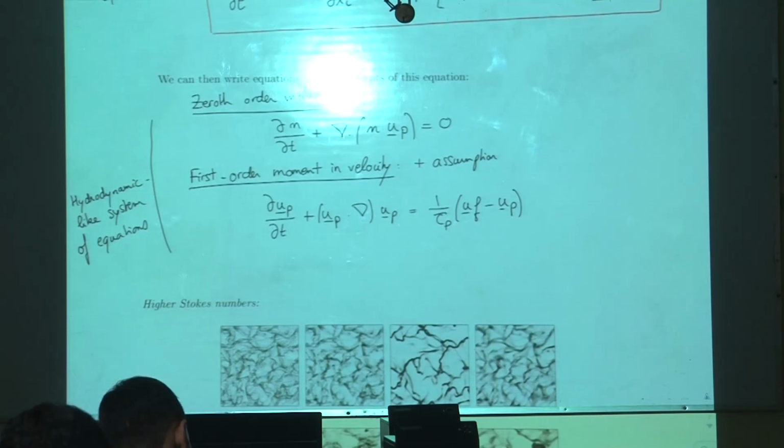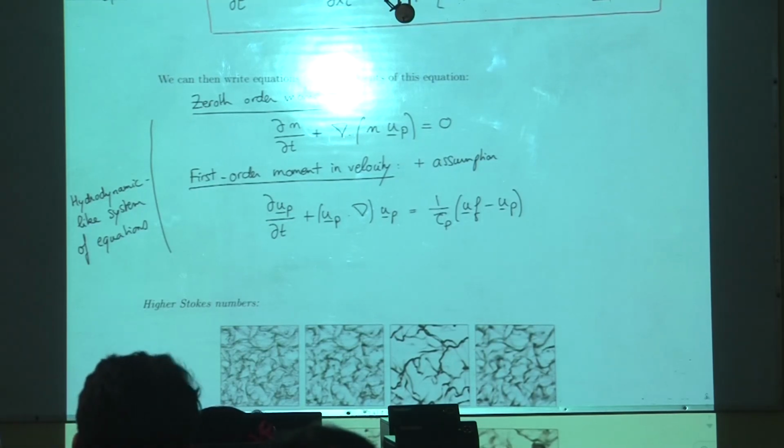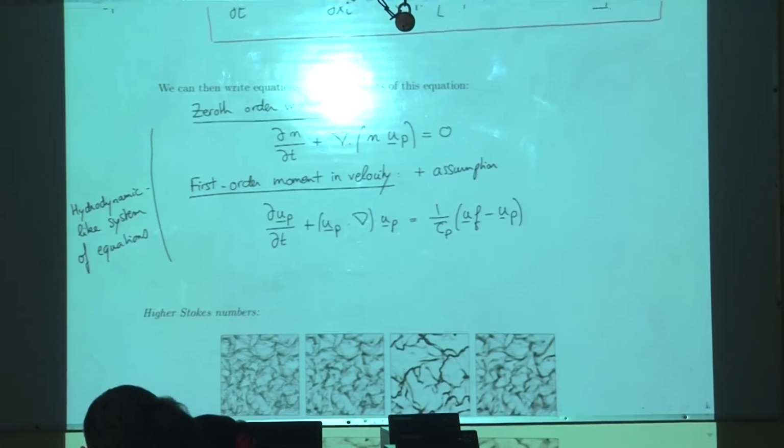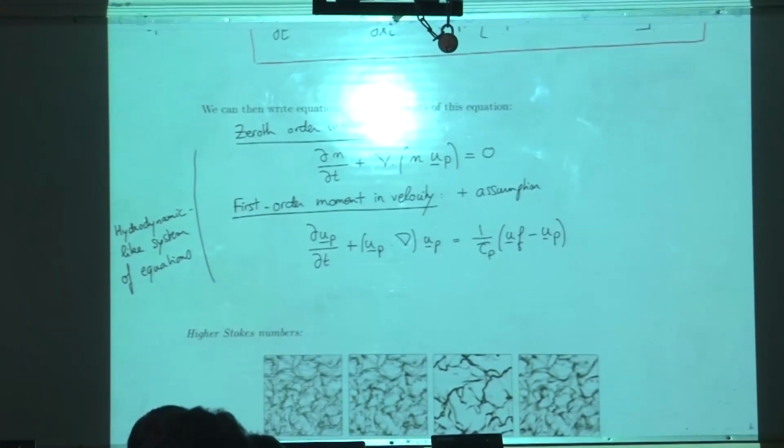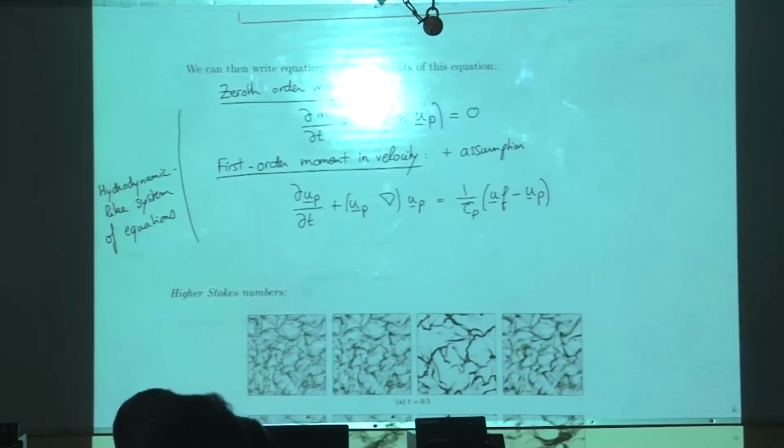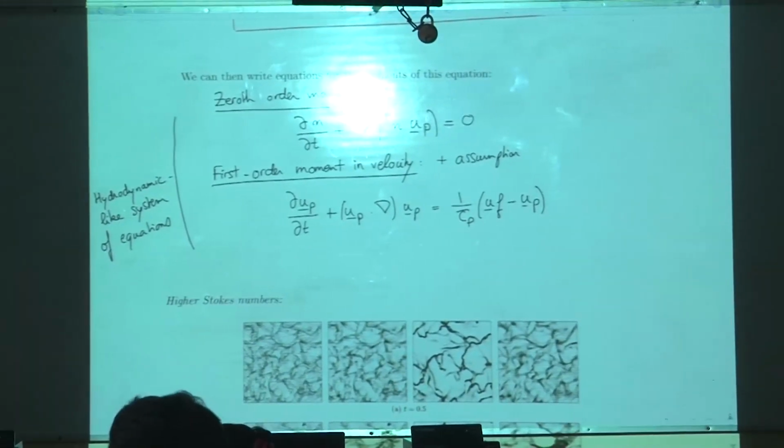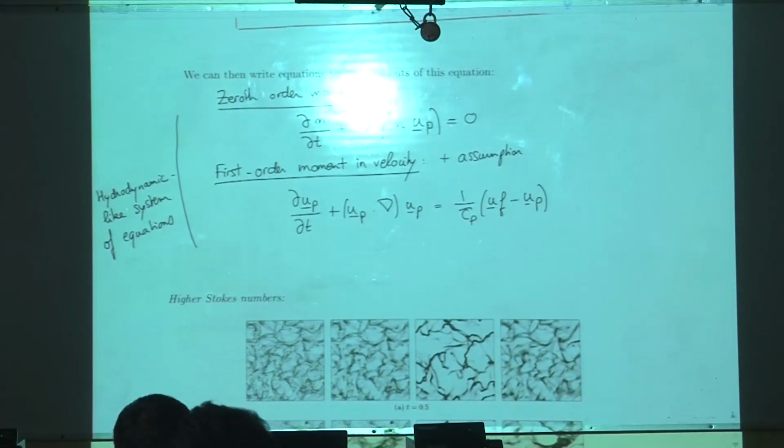Why does it matter? Well, it matters because often you see this being postulated. People will say, well, let's consider the particle phase as a fluid, an interpenetrating fluid that is allowed to penetrate inside the surrounding carrier phase, and so we'll write the following equations. Well, we didn't need to postulate anything here. We derived that from the statistical understanding of what our particle field looks like. So essentially, the first two lowest order moments of your equation give you a hydrodynamic model.